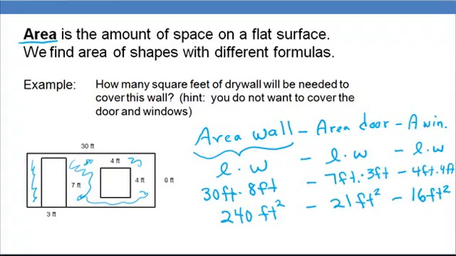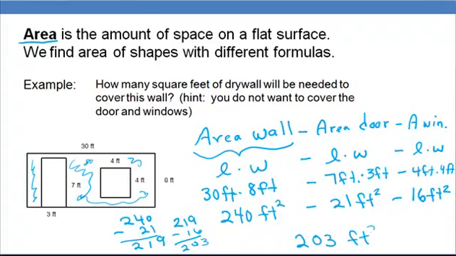And so now we will have 240 minus 21 is 219, and then 219 minus 16 gives us 203 square feet for our wall without covering the door or window.